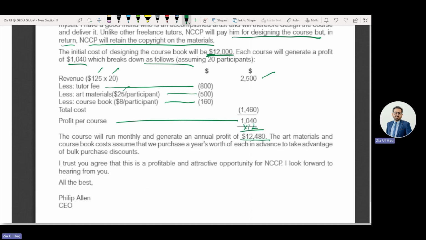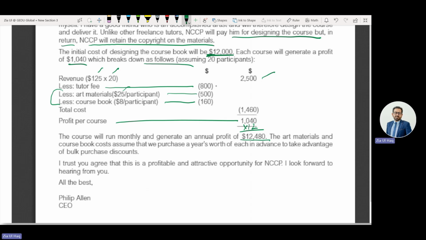The art material and course book cost assume that we purchase a year's worth of each in advance to take advantage of a bulk purchase discount. This means these two costs, material and course book, you need to buy in full at the start for the complete year, not monthly. To get the bulk discount, you will buy at the start of the year.